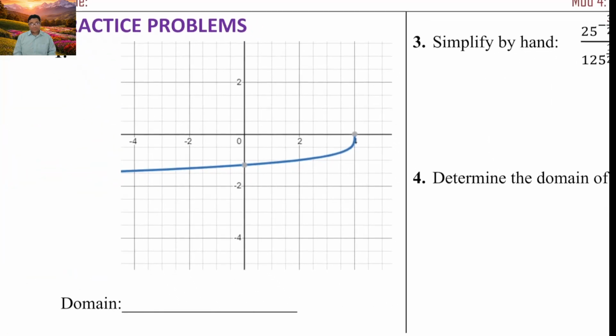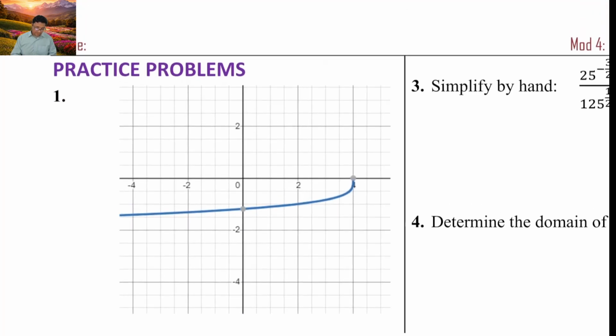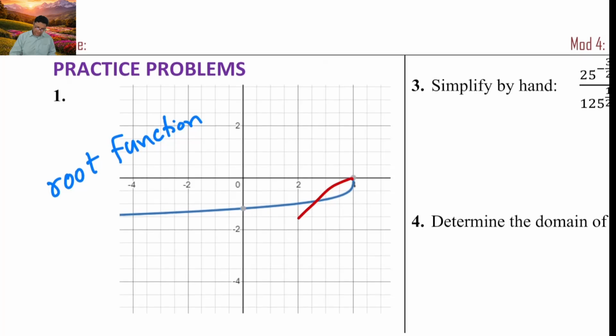Some more practice problems. Here is a graph which clearly is a graph of a root function, right? I hope you can see that easily from the shape. If it is growing slowly, that's a root function. If it is increasing or decreasing faster, it is a power function.